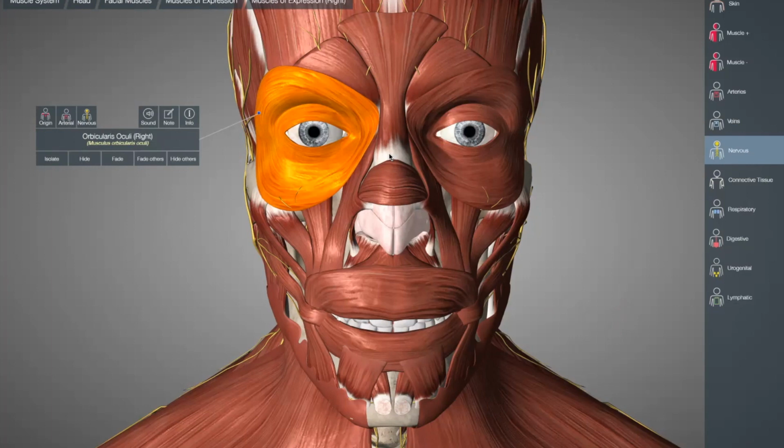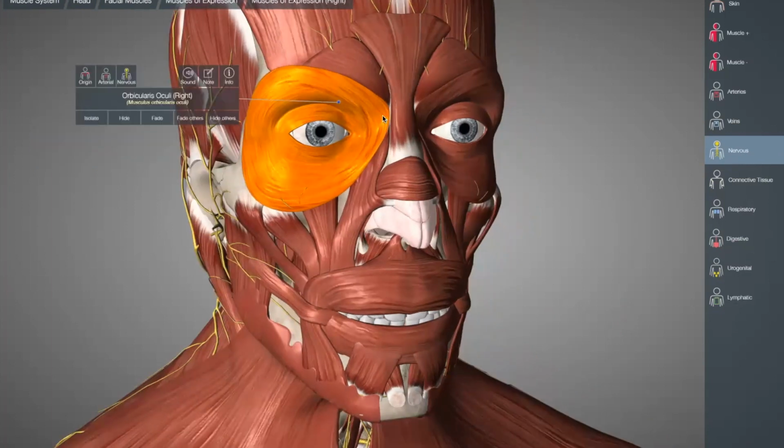I don't know that, but what I know is that it originates from the medial orbital margin, which is probably what you mean. The medial orbital margin is made up of the frontal process of the maxilla.